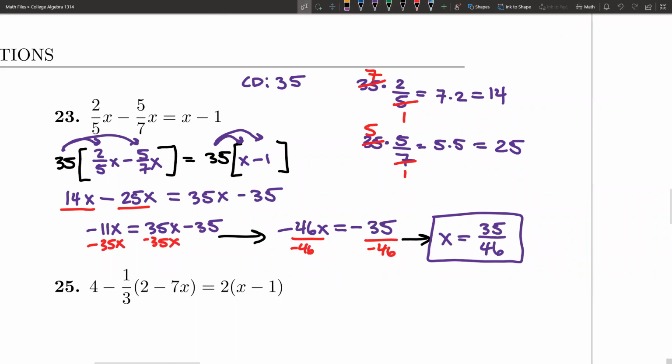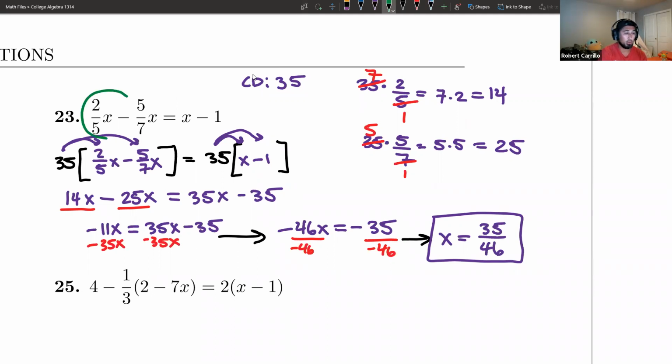Hello. I have a question. Yeah, what's up? I know that fit perfectly, the 35 into the 2/5 and 5/7. What would you do if we didn't have a common denominator? Like if you didn't want to do this common denominator process? Then you would work with these fractions separately.